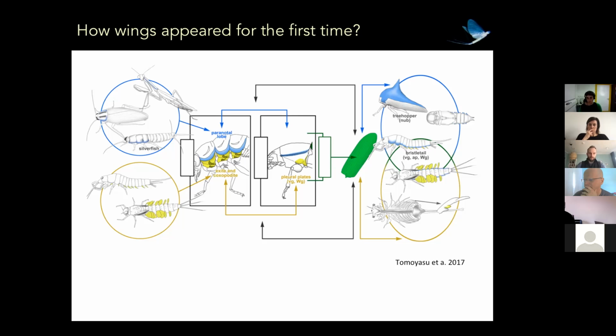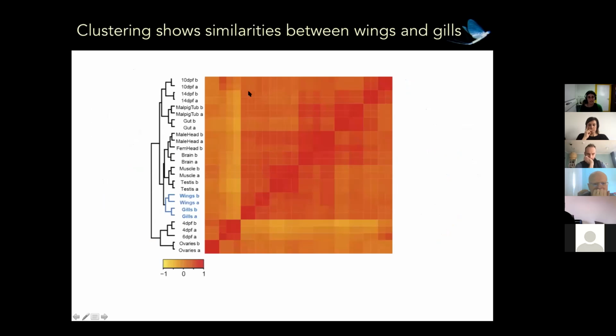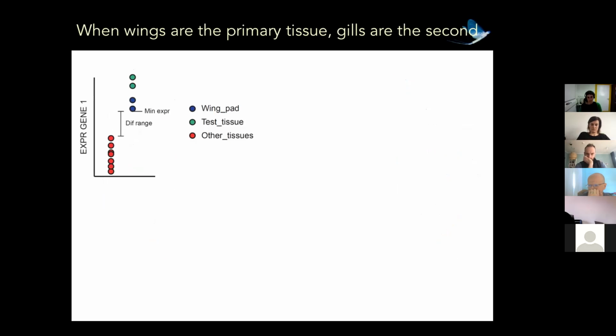So with this in mind, we wanted to know how similar the transcriptomes of the gill plates were to the transcriptomes of wings. For that, we first did a clustering, and from all our samples, we observed that our wing and gill transcriptomes clustered together, which was already a good hint. Another analysis was to check genes that were specifically expressed in wings and a second tissue, and see how many times this second tissue was the gills.